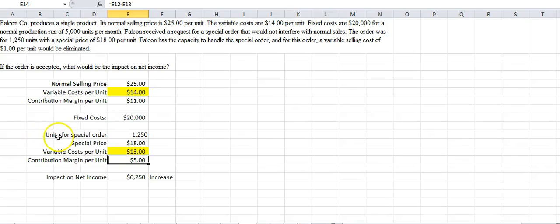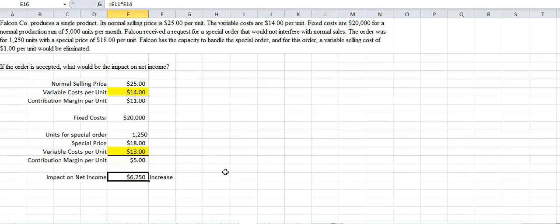So I'd rather take this special order. Absolutely, I'm going to take it. I'm going to earn a little less per order, but it's better than earning nothing. And so if I get $5 per unit and I sell 1,250 units, my bottom line will increase by $6,250. So the answer to that question is yes, absolutely accept.